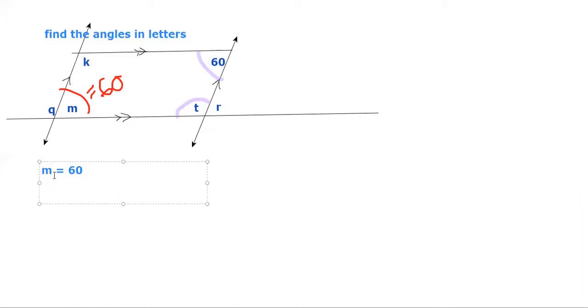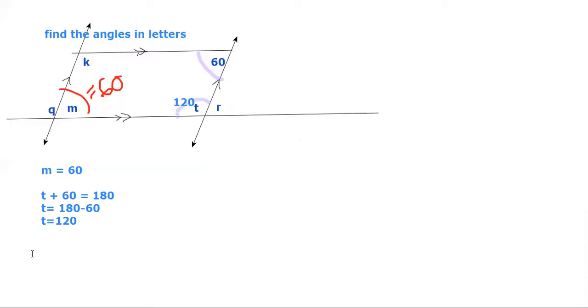Also T: T plus 60 equals 180, which means that T equals 180 minus 60, meaning that T equals 120. And that is it, guys. So you have your two answers, here it is 120.